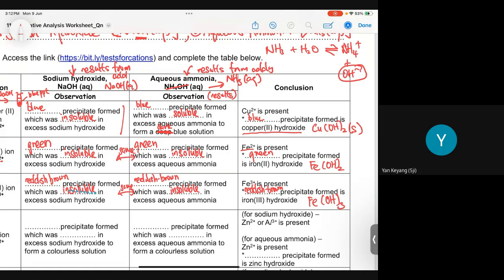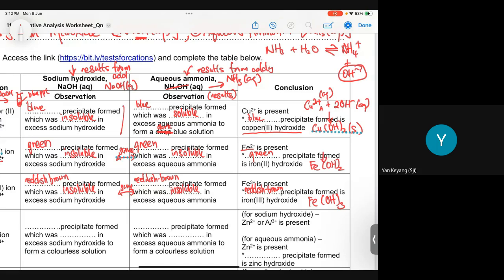I'm going to pause here and go back to the formula. To get Cu(OH)2, it is 1 copper 2+ and 2 hydroxide ions. Both of them give you your copper hydroxide solid precipitate.